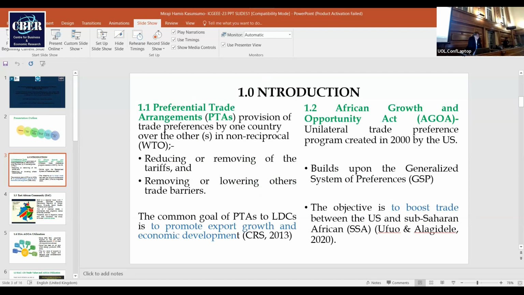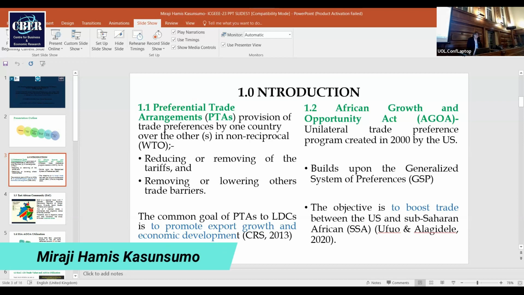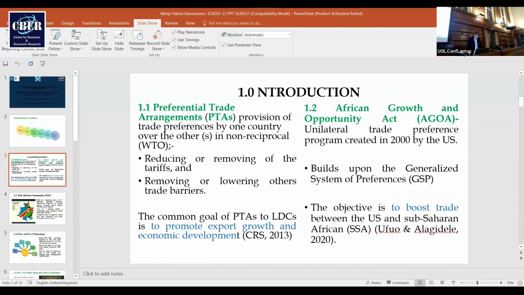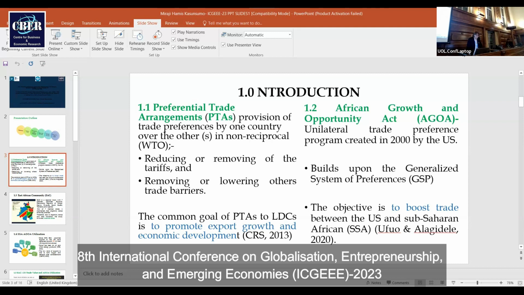AGOA is an act enacted by the US Congress in the year 2000 and signed by the then US President Clinton. The idea was to allow sub-Saharan African countries to export their products into the US on preferential treatment.